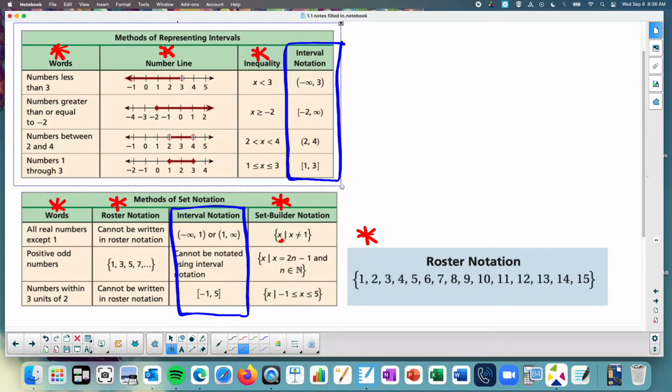The first thing written is always which variable is being talked about. Like this one says the set of all x's such that. The only thing that you actually pay attention to in set builder is this.